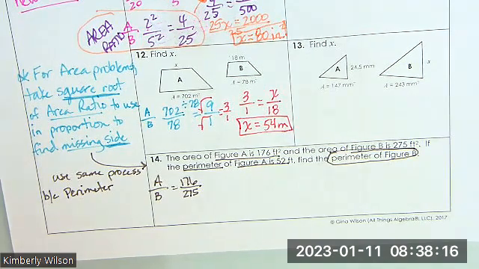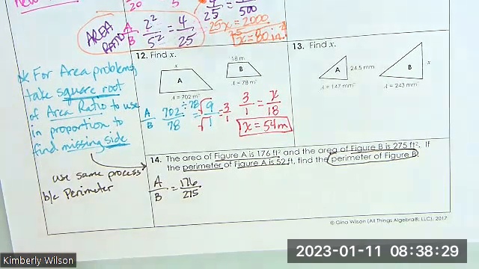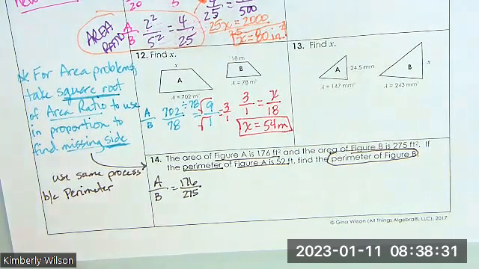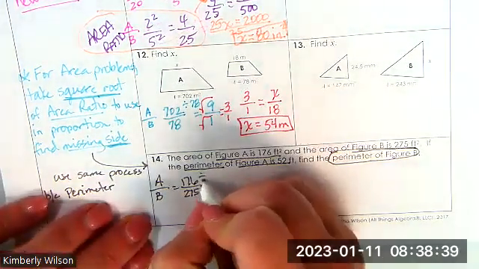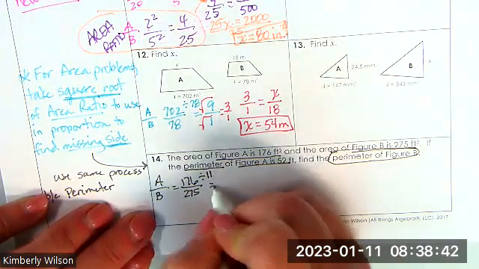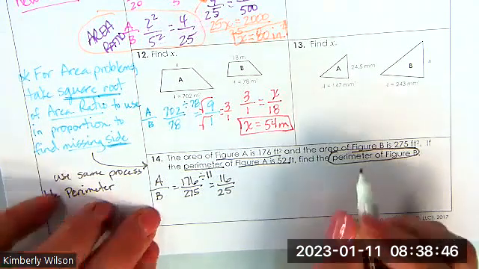Let me try 3. 275 divided by 3. No. 275 divided by 15. No. What are they dividing by? Okay, so they're dividing by 11. So divide by 11, and we end up with 16 over 25.